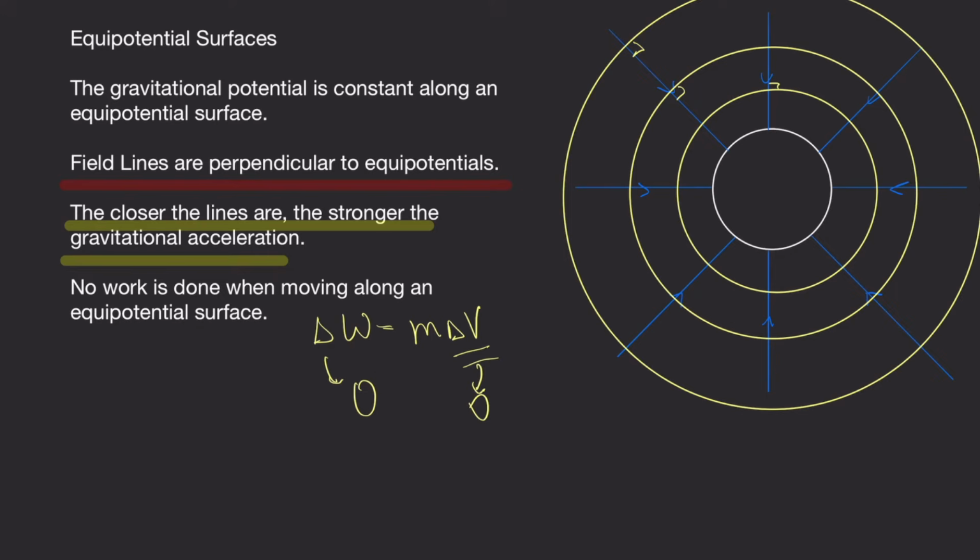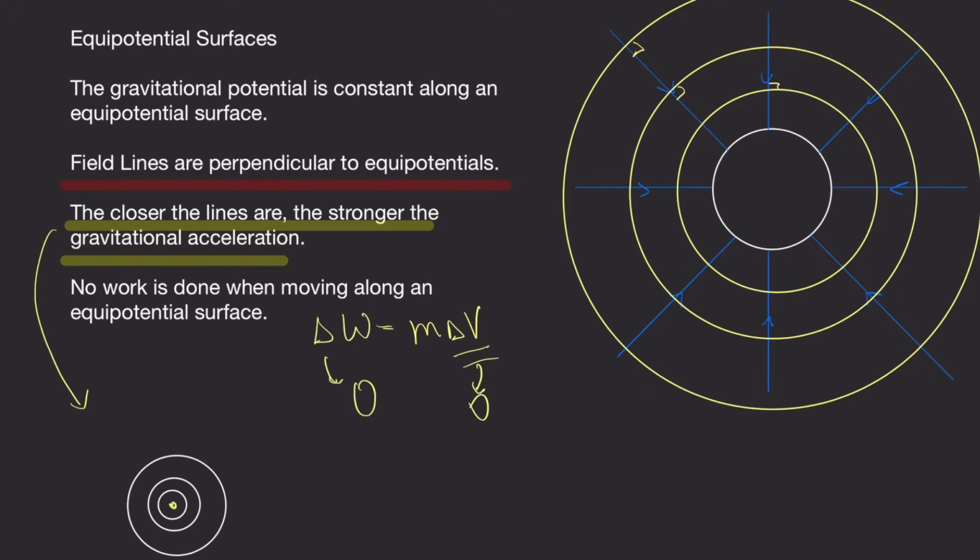Let's explore a little bit more this, that the closer the equipotential lines are, the stronger the gravitational acceleration. Well, imagine that I have a point mass across here. If I was to draw the equipotentials, initially they would be quite close together, because the gravitational field strength would be quite strong.